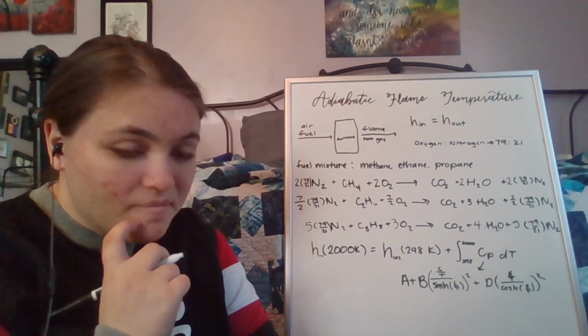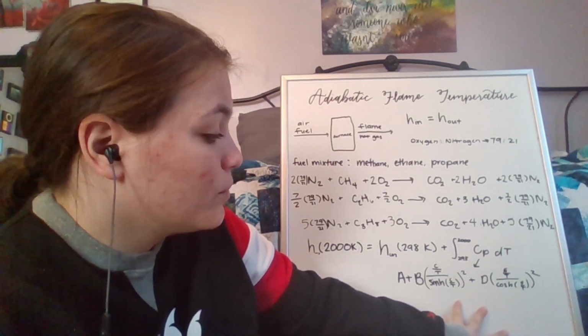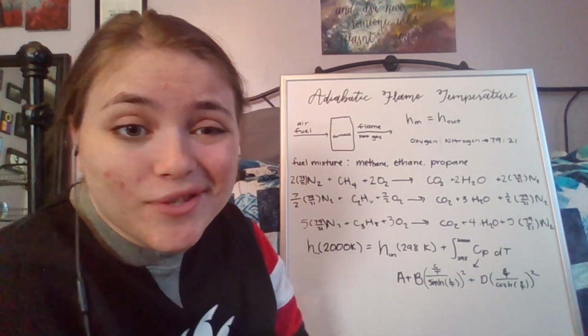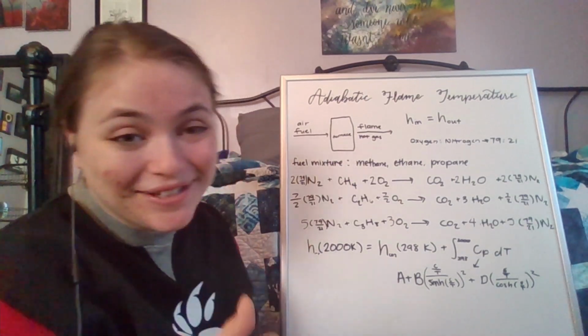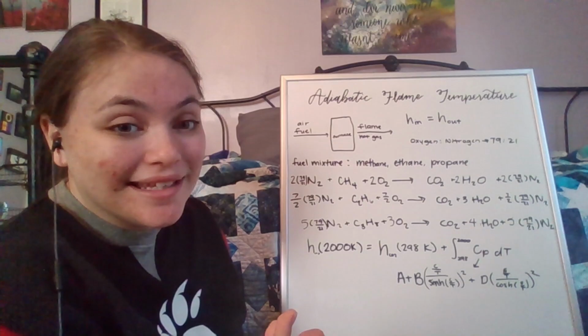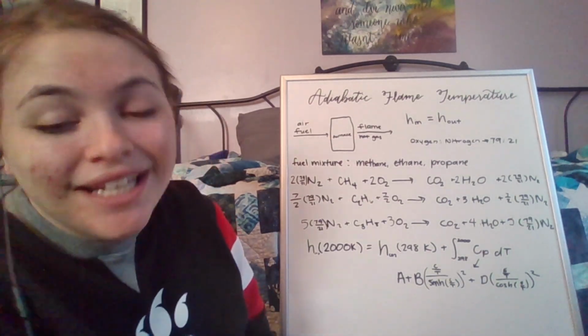That is our CP, equation 107 when you look it up. I'm just saving you the time of looking it up, because you are able to use notes in real life.